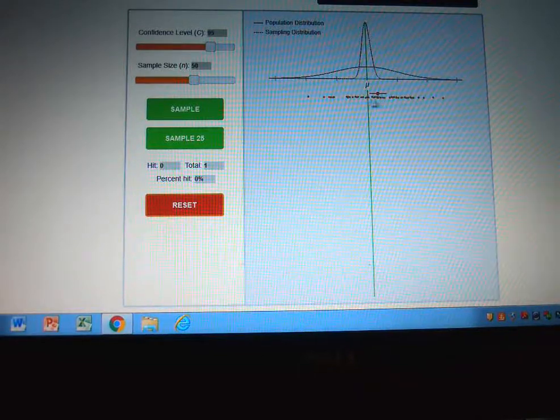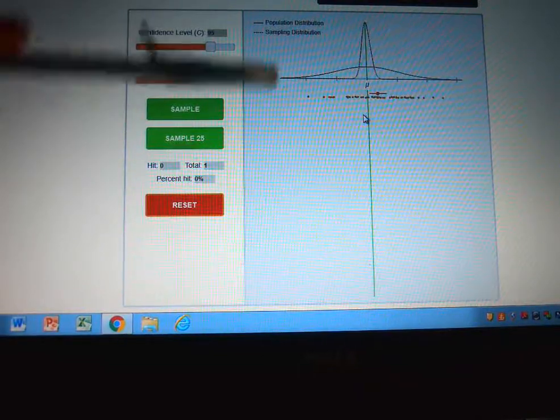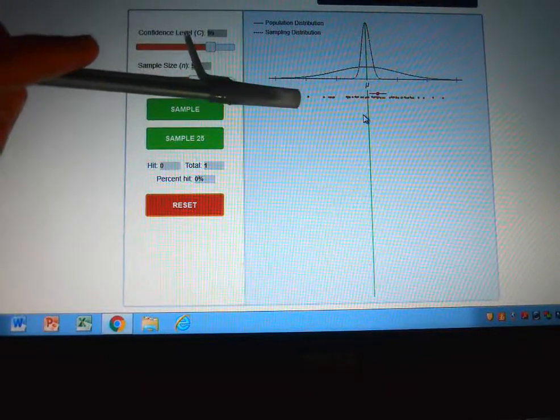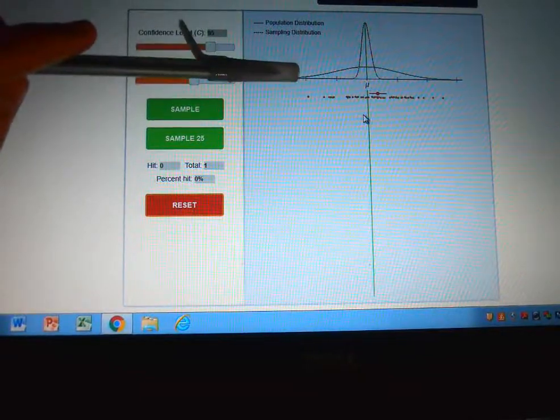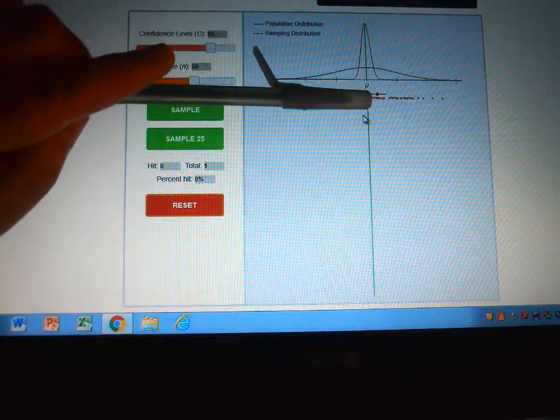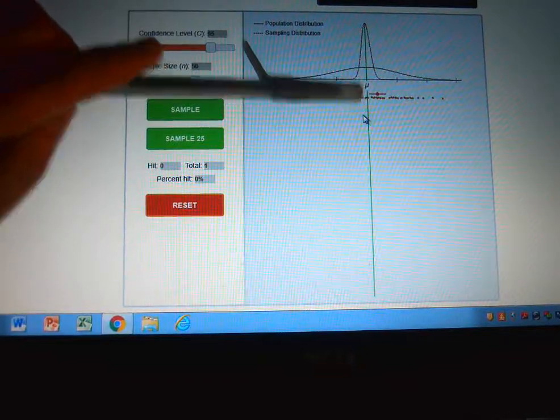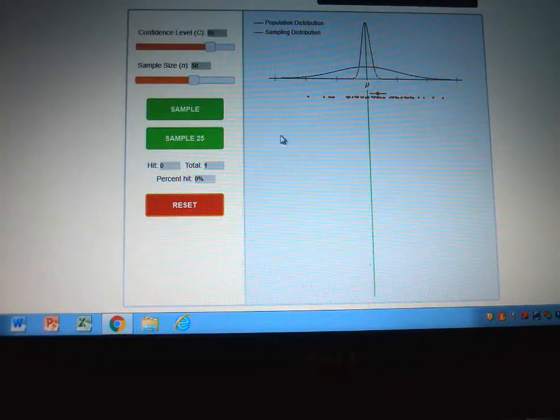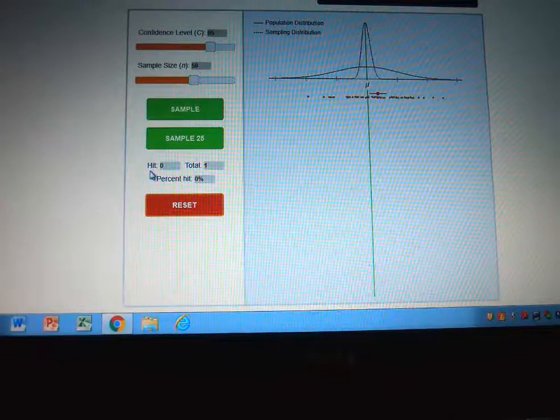That one just happened to be when it took the sample size 50. So it has 50 data values from the normal population up here, and that gave a sample mean that was larger than mu, and the interval doesn't contain mu. So in this case, I took one sample and I already got one that didn't hit it.